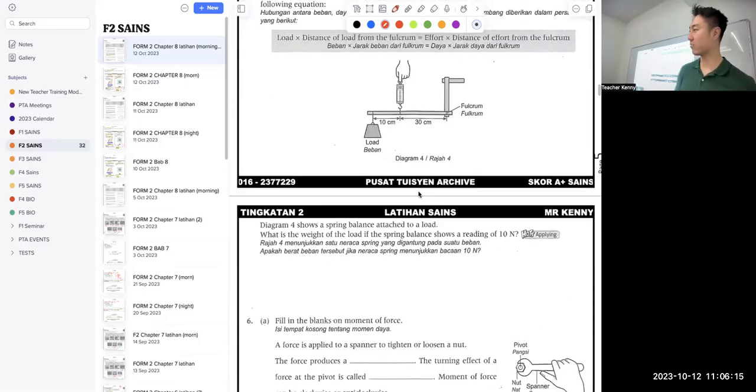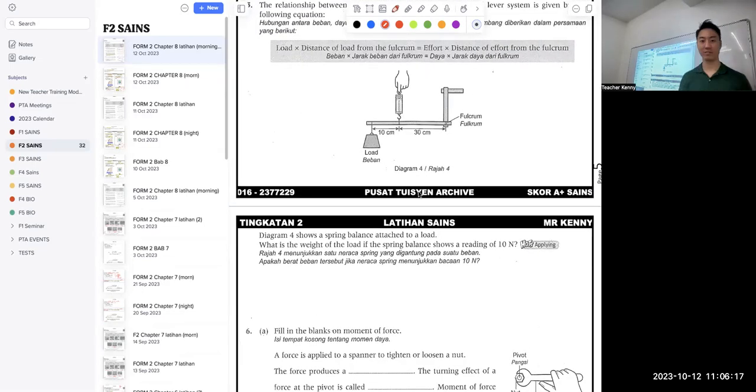Again, first of all, what do they ask you to find? The weight of the load. Right? They ask you to find this one, correct? Do you know? Of course you don't know. So load times what is my distance of load? 10, correct?